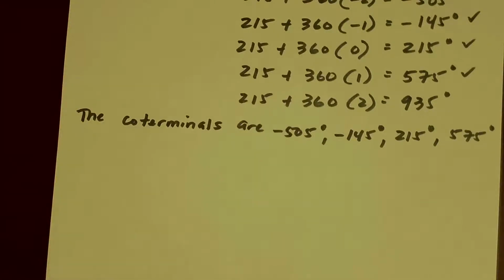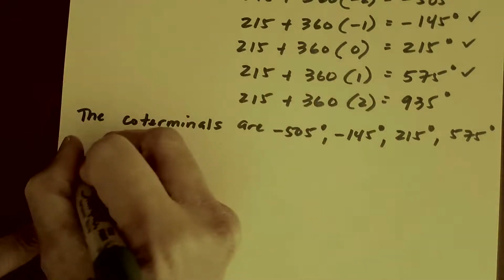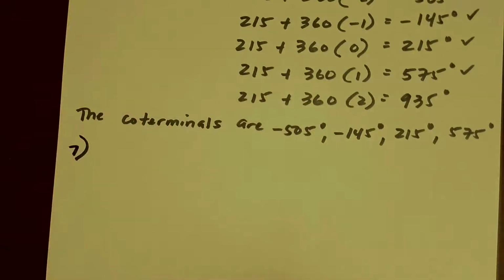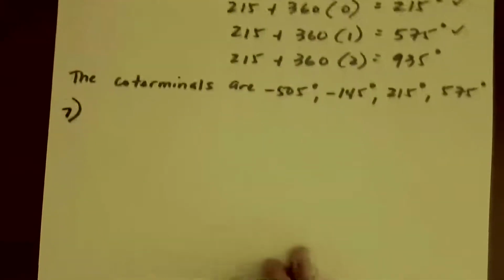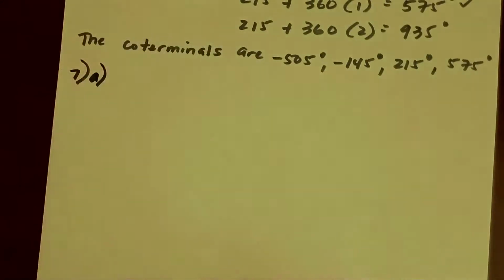Okay, so I'm just going to fast forward a little bit and speed things up because I don't really have a lot of time. Now I'm going to take a look at question number 7, just question 7A, which is on page 477.